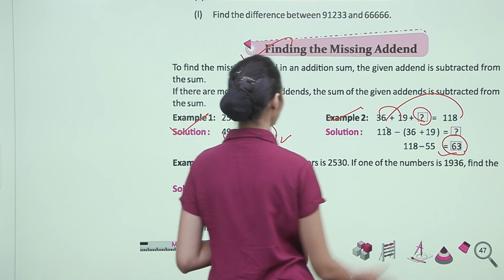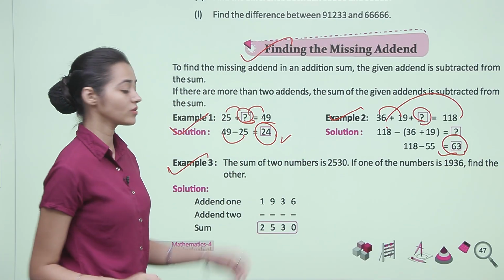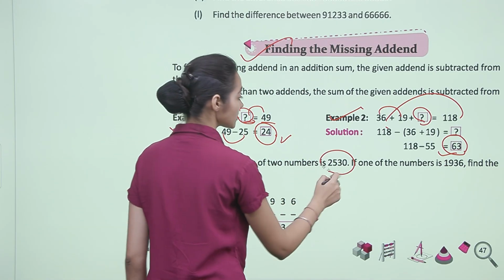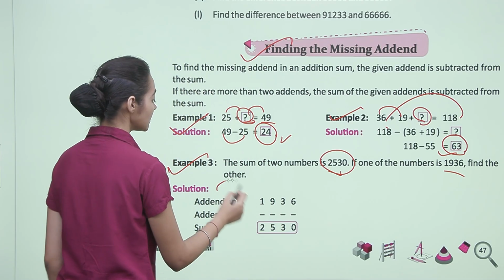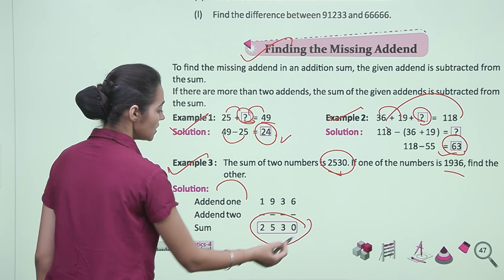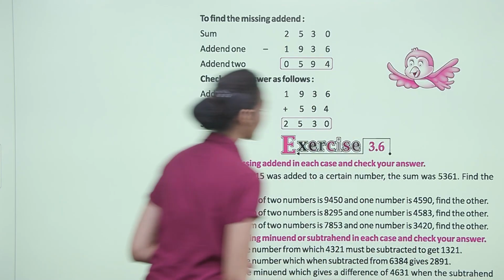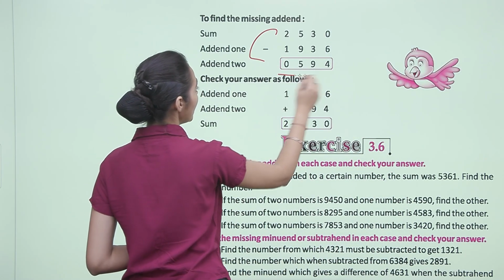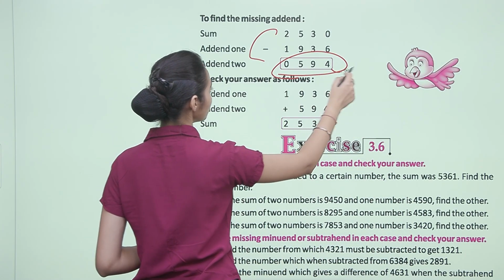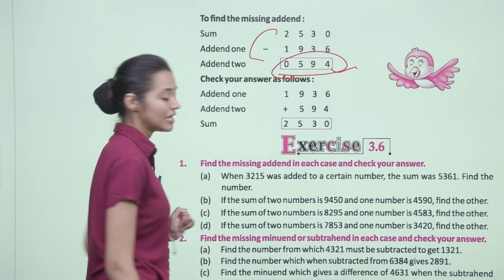The answer is 63. Similarly, in example number 3, we have given the sum of 2 numbers. One number is given. For the other number, we will subtract this number from the sum. So when we subtracted it, we get that the second number is 534.